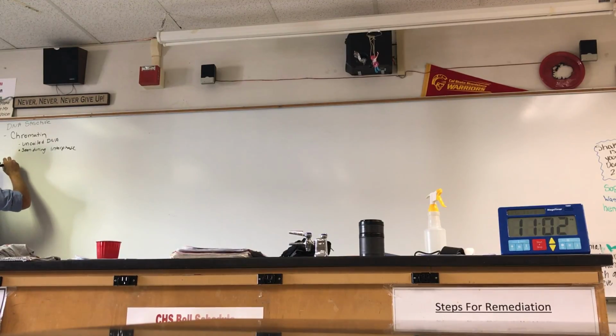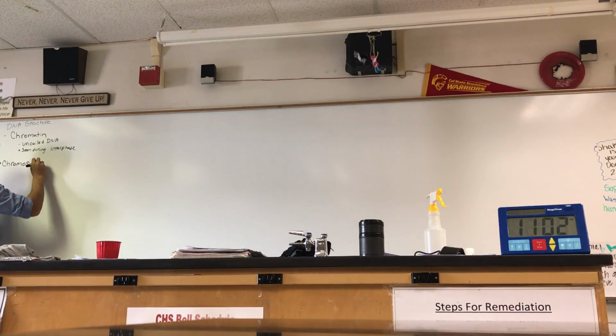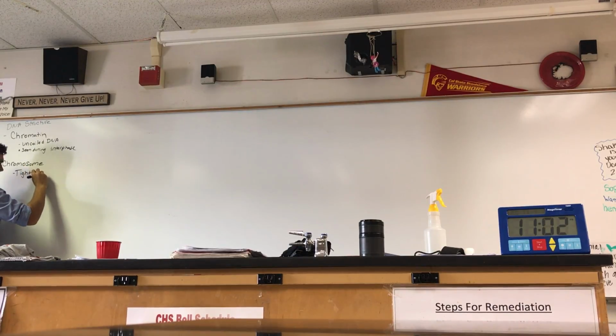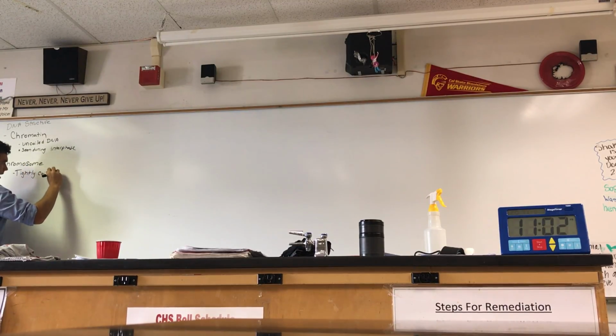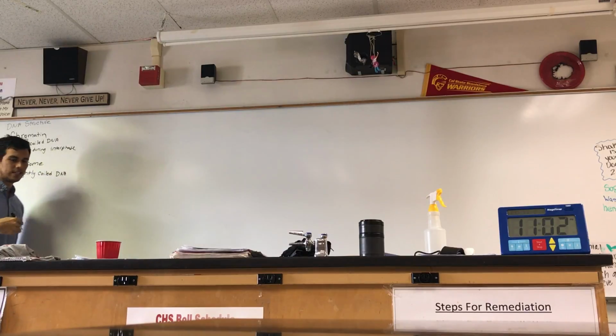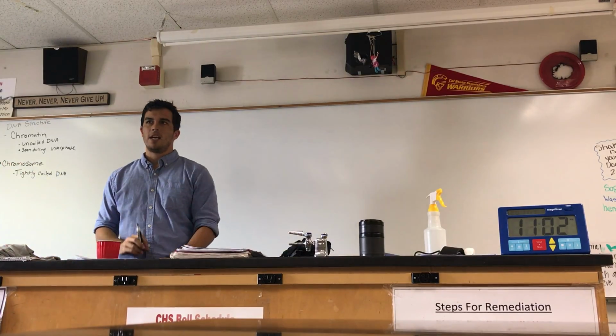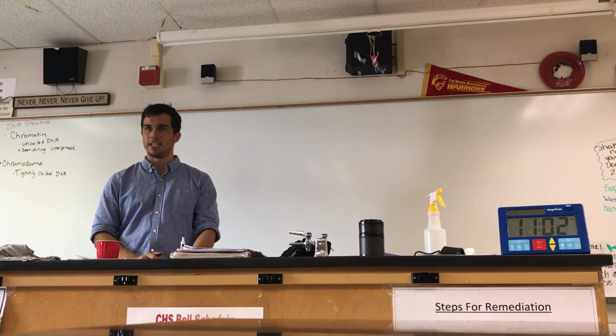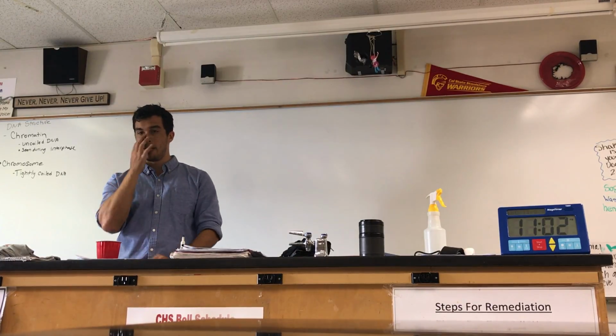Then I've got chromosome. Okay, and so this is going to be tightly coiled DNA. And we said this tightly coiled DNA, it's like your Christmas lights. Come January, when you go to put your Christmas lights away, we said hopefully you don't just take your Christmas lights, ball them up, and then throw them in a big bin.